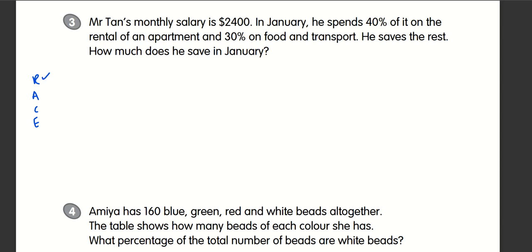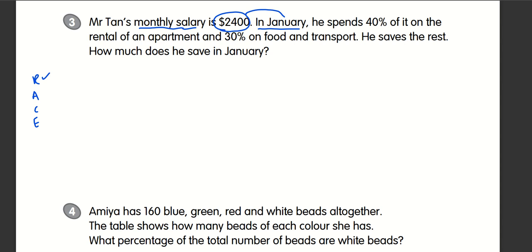The second time as I read it, I'm going to annotate. Mr. Tan's monthly salary is $2,400. Monthly salary, this is the amount, $2,400. In January, that means January is a month. So in this particular month, he's going to earn $2,400 as well.